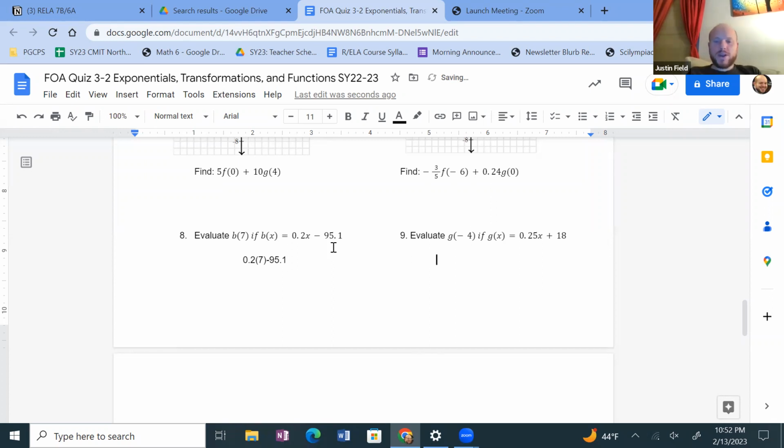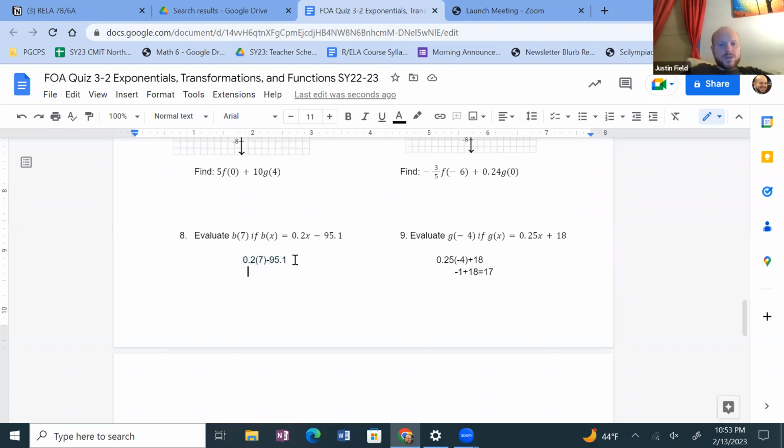So we're going to do that right now. 0.25 times -4 plus 18, and you just calculate that. So 0.25 times -4 is going to be -1 plus 18, which is 17.